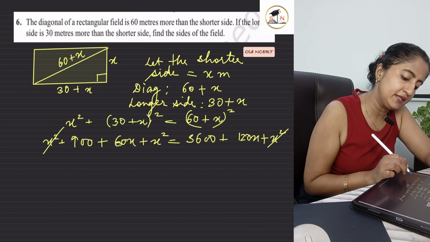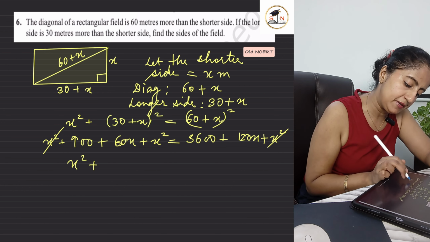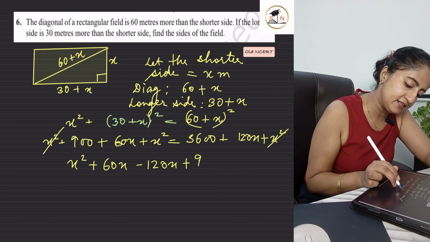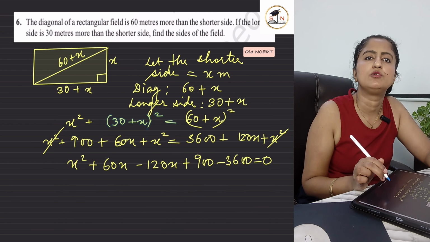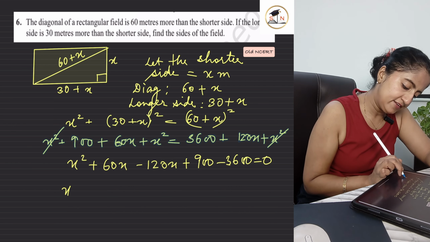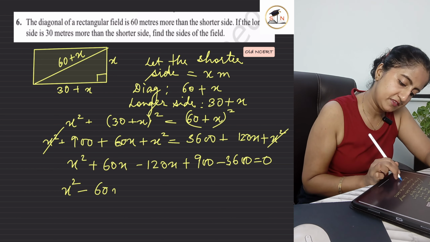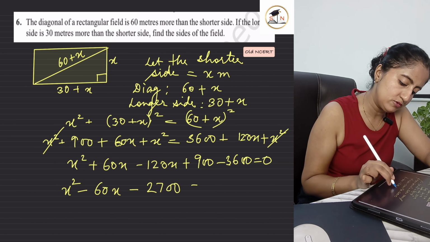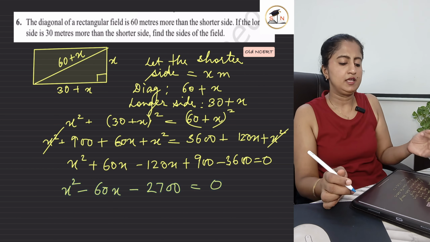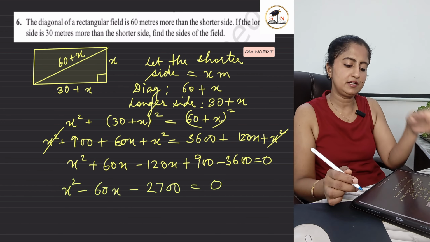So simplifying and bringing everything onto one side, x square plus 60x minus 120x plus 900 minus 3600 equals 0, right? That leaves us with x square minus 60x minus 2700 equals 0, right?